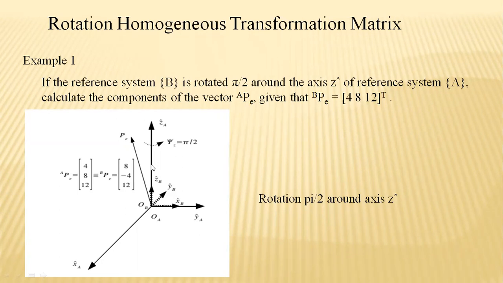But we need to find the same after transforming the condition, that is, after the rotation of pi by 2 around the z-axis, the position of this base point will change to the end effector.